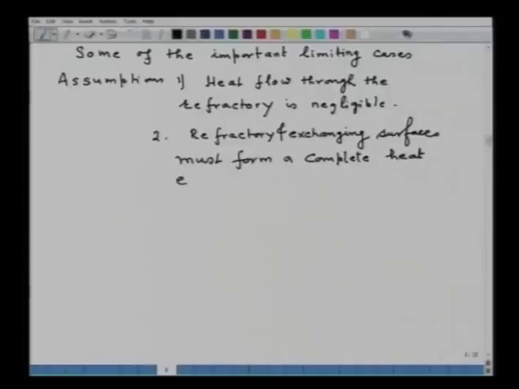So, under these two assumptions, let us see what the limiting cases could be.